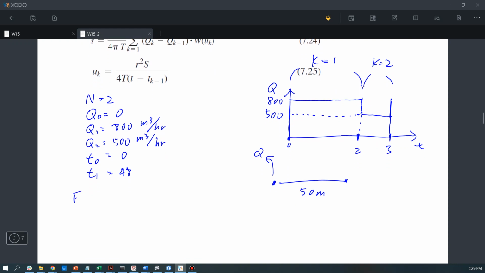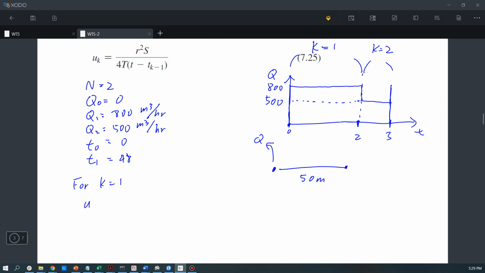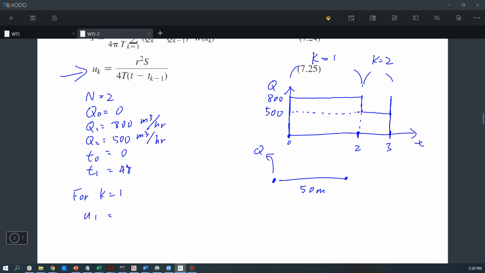Let's start with segment 1. For k equal to 1, U1 is equal to r squared S over 4 T t.